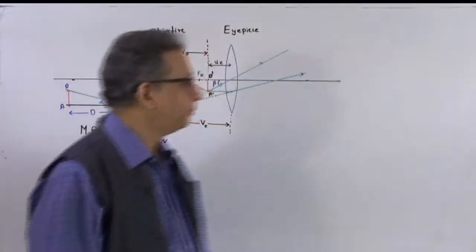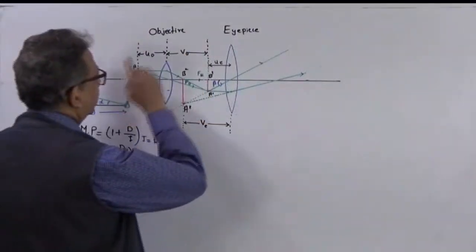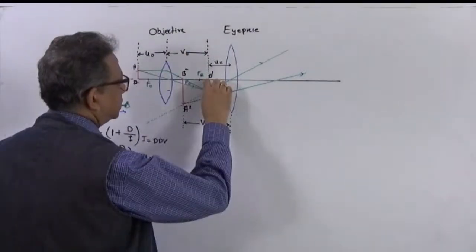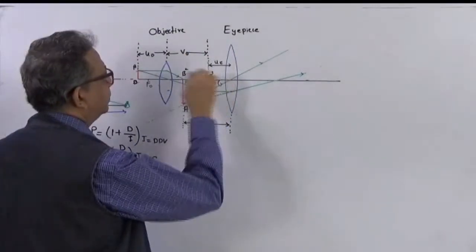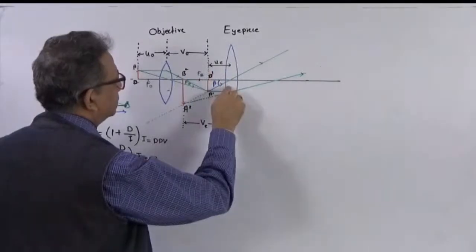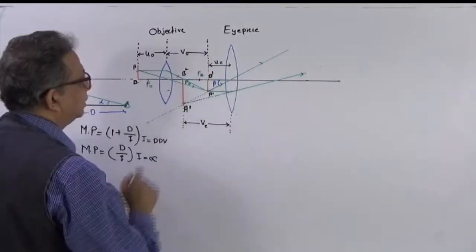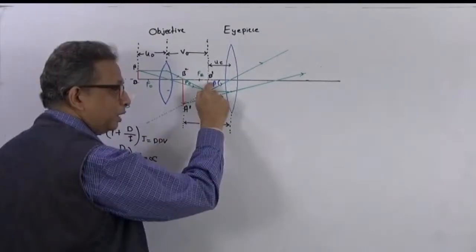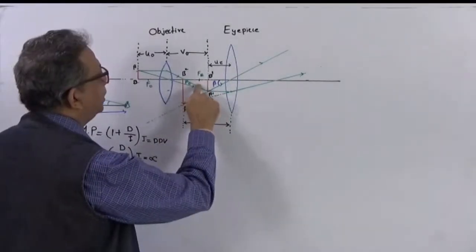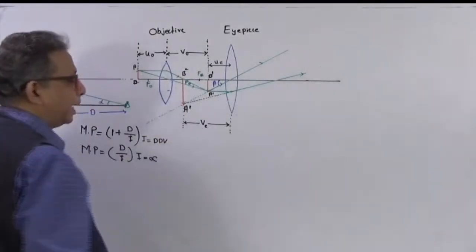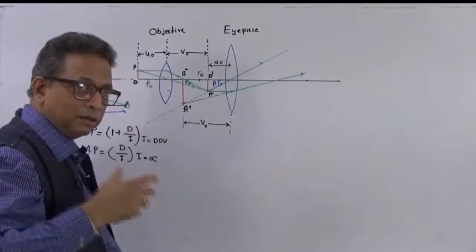So here, this was the basic object. It has formed a first real image, that is A1, B1. The other lens is kept in such a way that this particular image should fall between the focal point and the pole. That is where the adjustment is done on the knob.